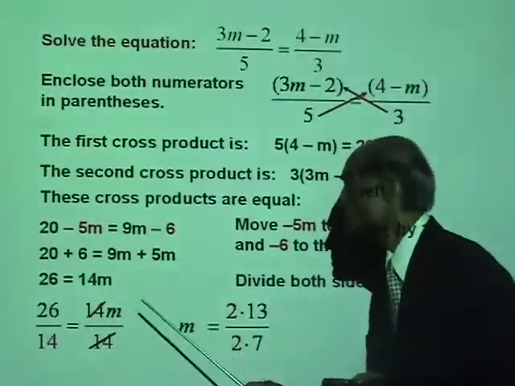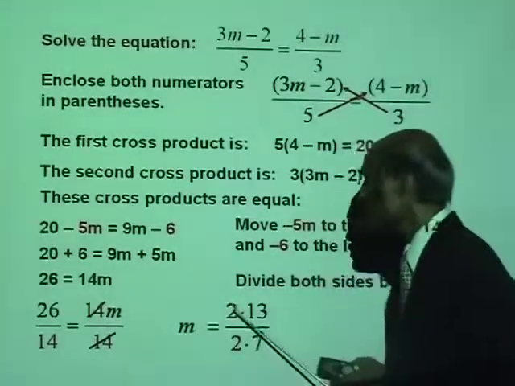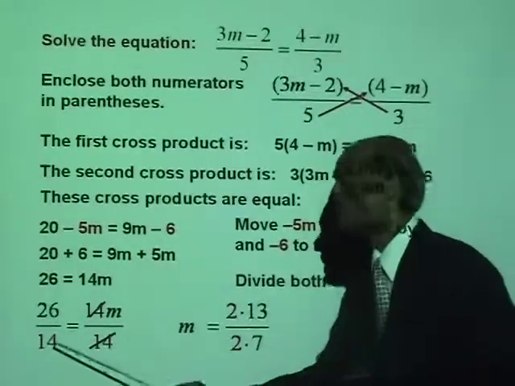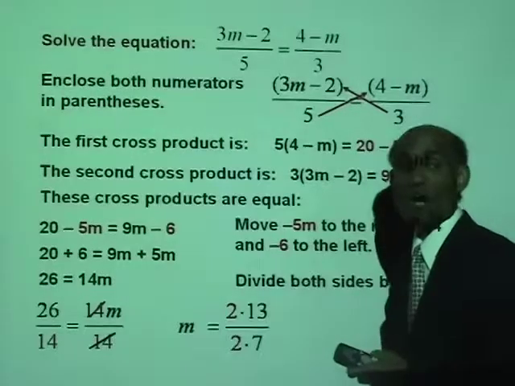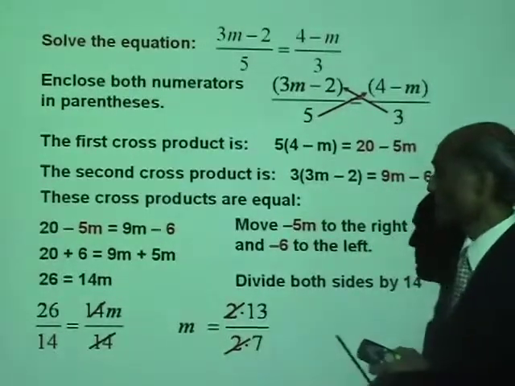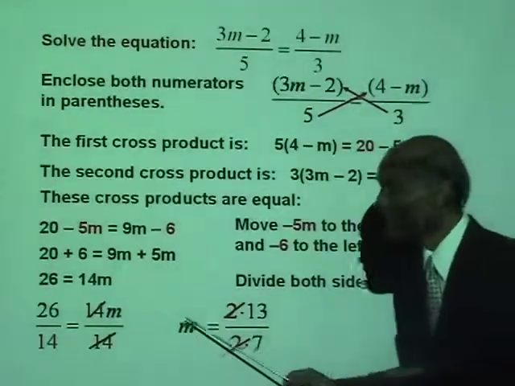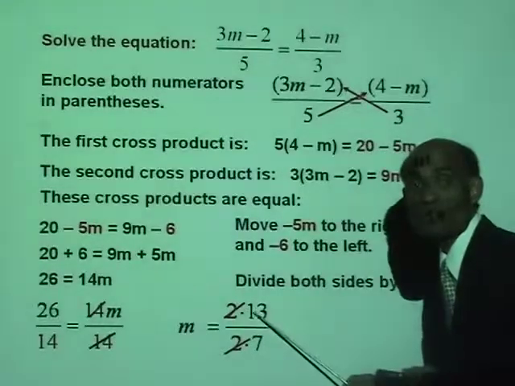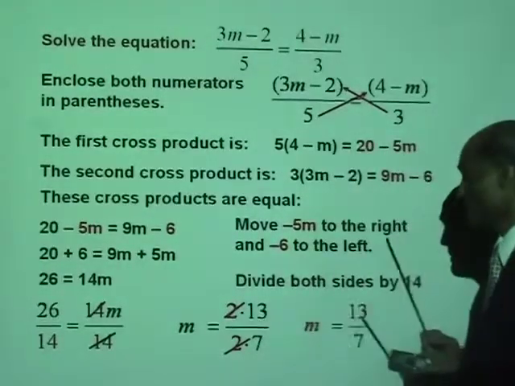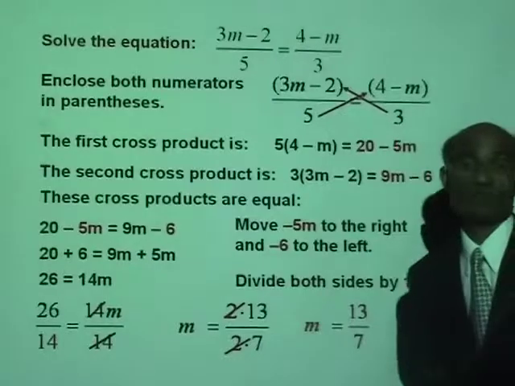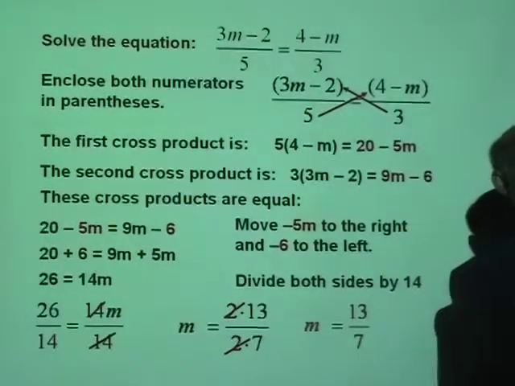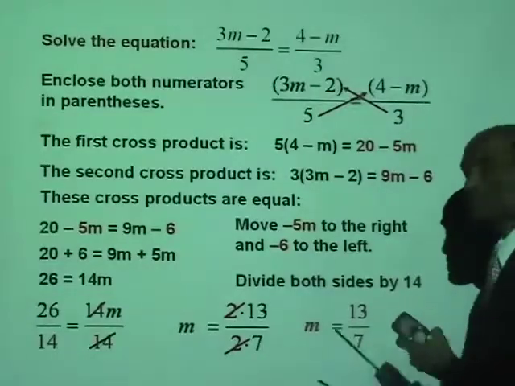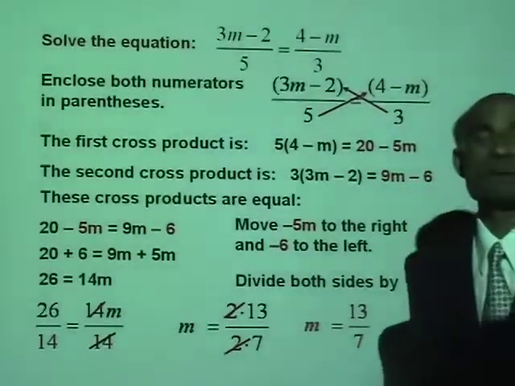M equal to, 26 is 2 times 13, 14 is 2 times 7. There is only a 2 that is common, we cancel them. That gives me m equal to 13 over 7, or it will be 1 and 6 over 7. Is that right? You should be able to write this as a mixed number.